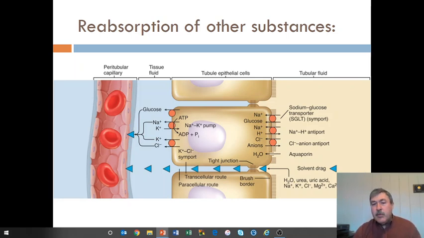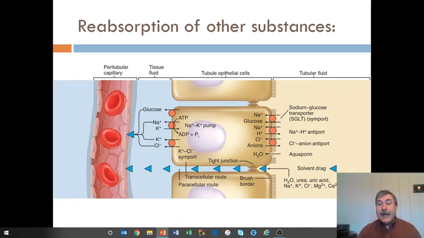So if we have too many of them, it's a waste that needs to be eliminated from the body. So one of the ways this is done is by secretion from the tubular cells in the proximal convoluted tubule. So that's where secretion comes into play in the proximal convoluted tubule.